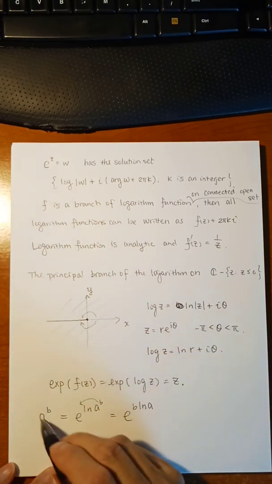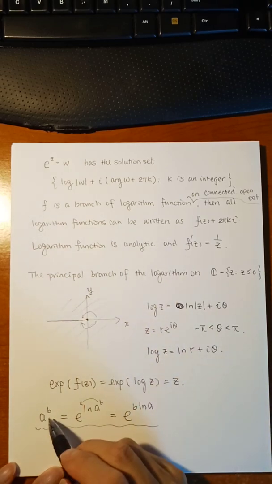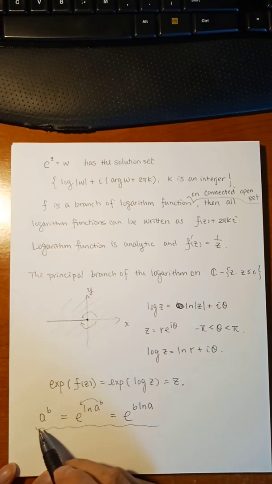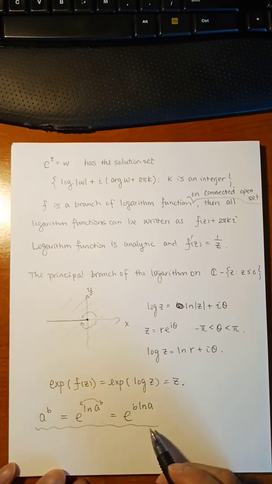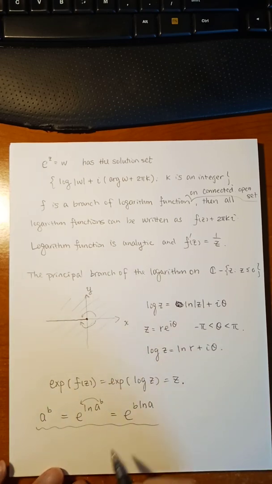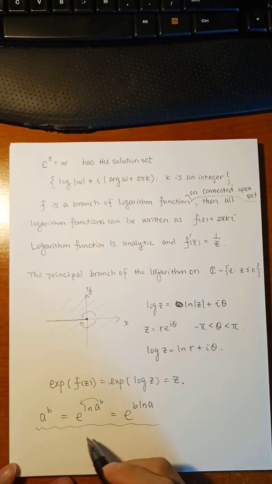This is an identity in calculus. We can understand the arbitrary power function this way. So here we are going to follow the same process and define the general power function.